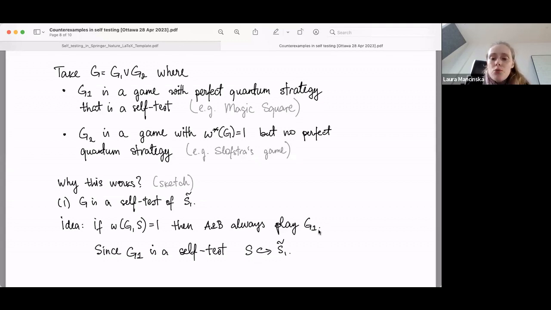But now G1 is a self-test, so this perfect strategy S is also a perfect strategy for G1, and I can map this S to the canonical strategy for G. That's the basic idea of why G is a self-test. If I want to play the OR game perfectly, because G2 does not have a perfect strategy, then I always need to play G1.